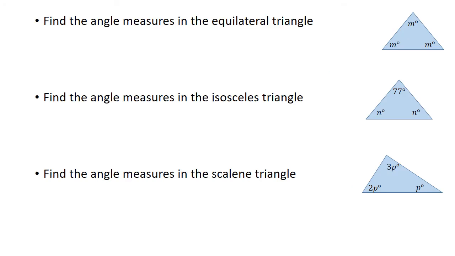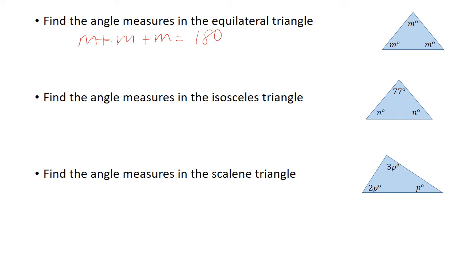So let's find the measures of the triangles all together if we don't have any of the information. Now, in an equilateral triangle, they all have to be equal and they all have to add up to 180. So what we know is that m plus m plus m is equal to 180.